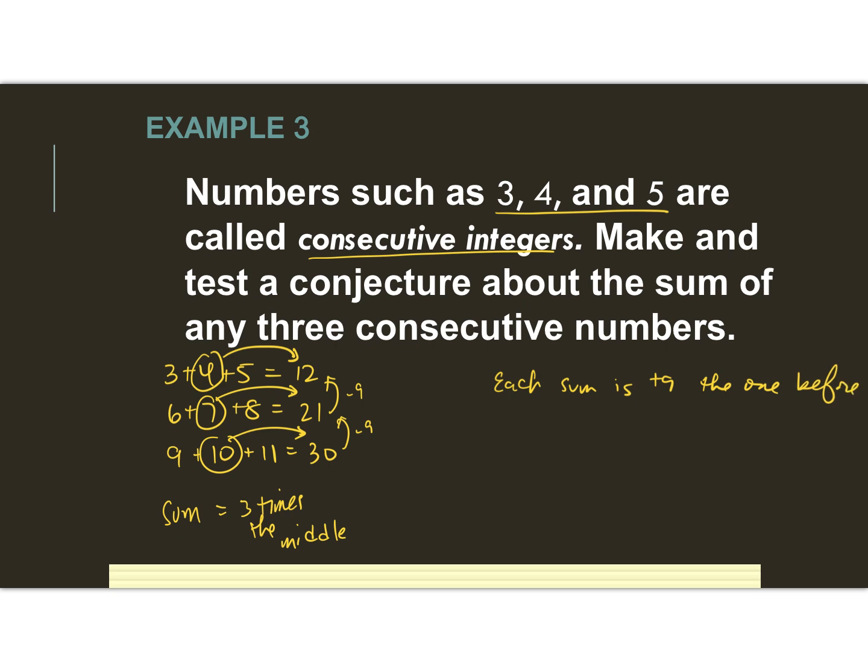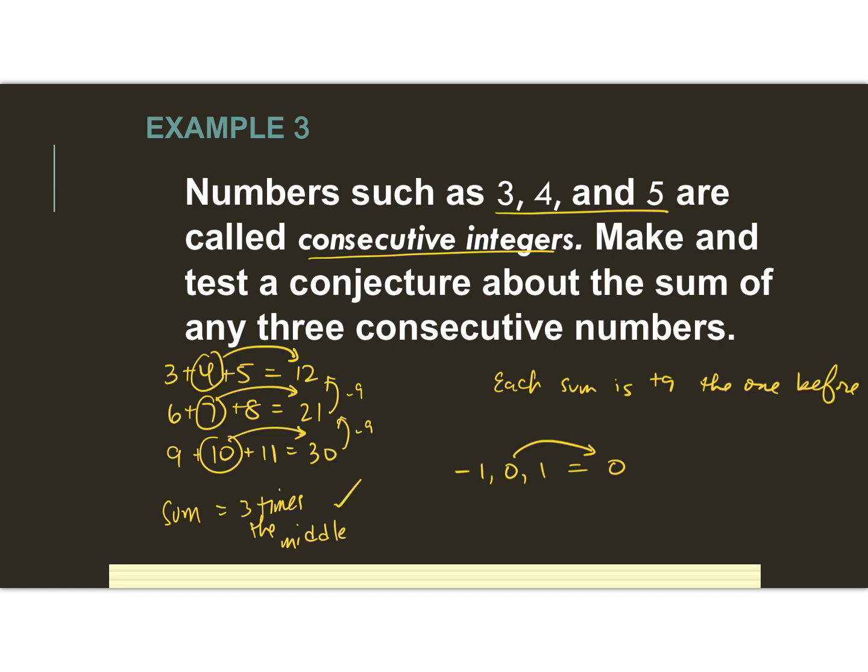Okay, so now if I'm going to test my conjecture, I'm going to try a bunch of numbers and make sure that it works every time. And when I try numbers, you want to try numbers like negative numbers, maybe -1, 0, and +1. That adds up to 0, and guess what? 3 times 0 is 0.